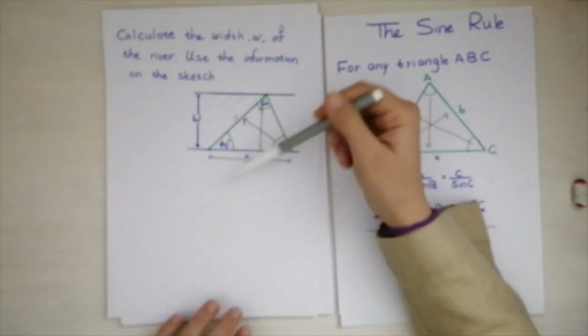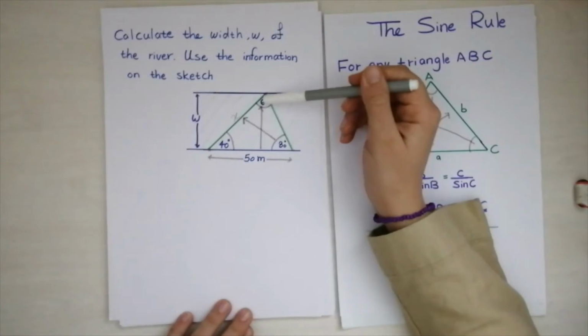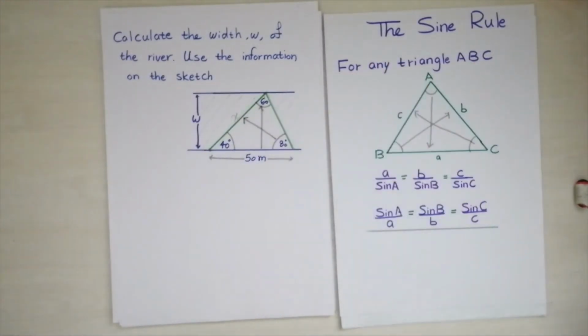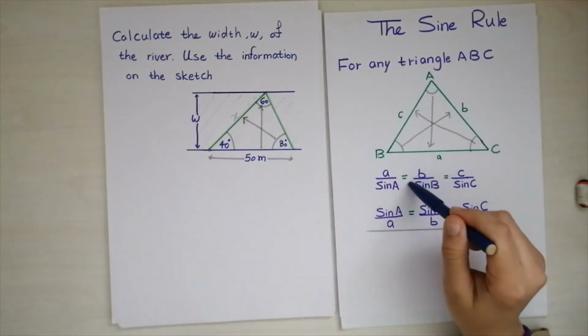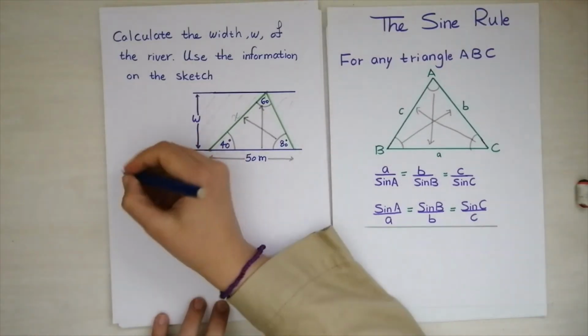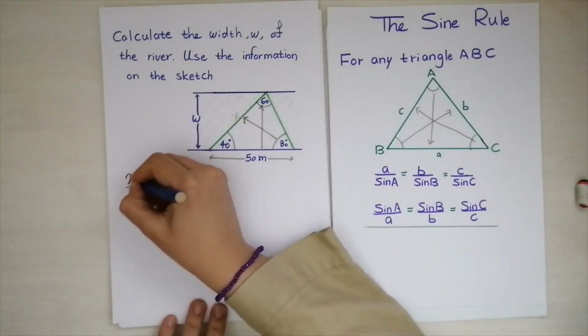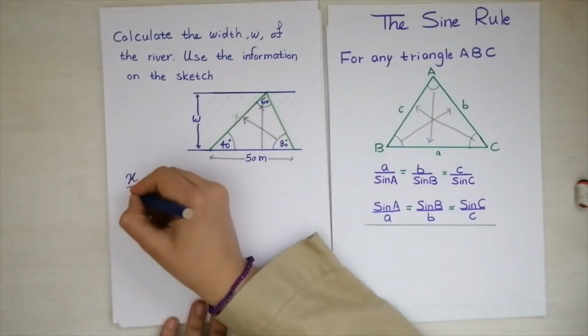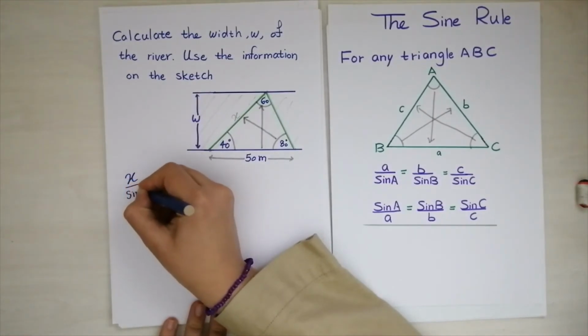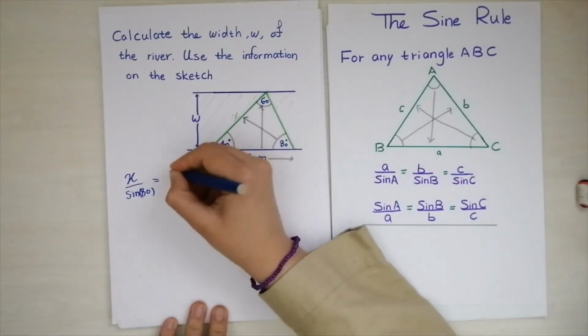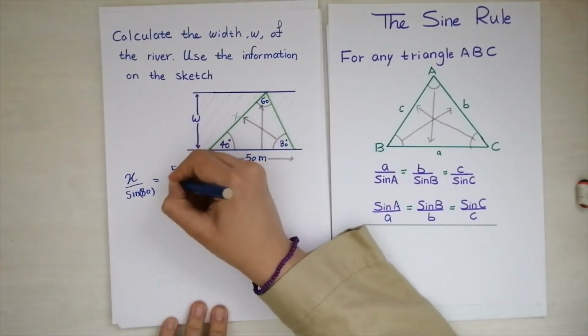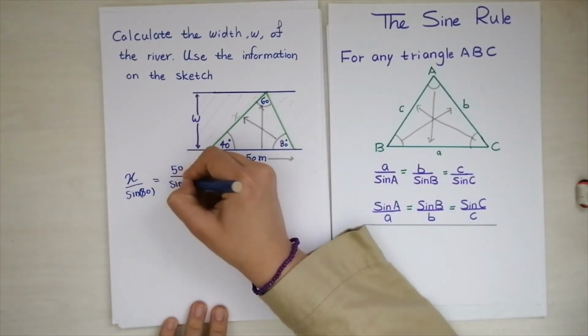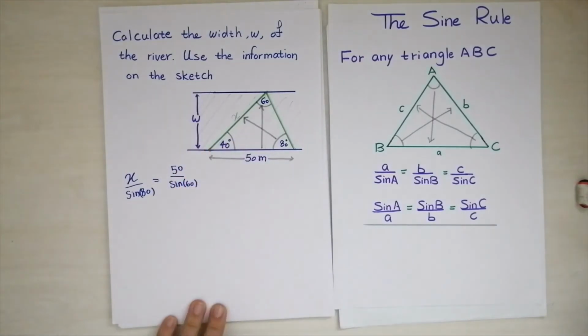And here you go. We have a side and an opposite angle, and a side and an opposite angle. This means that we can use this form of the sine rule. So x over sine 80 is equal to 50 over sine 60.